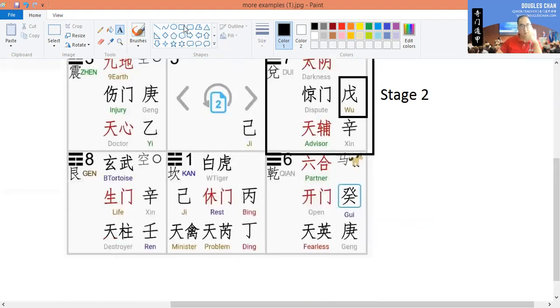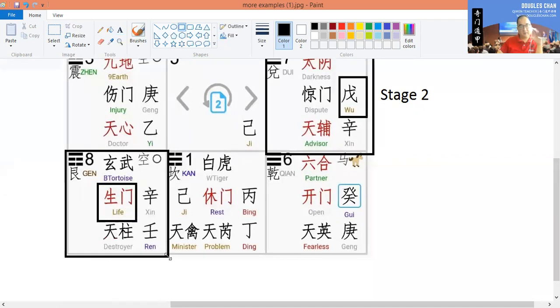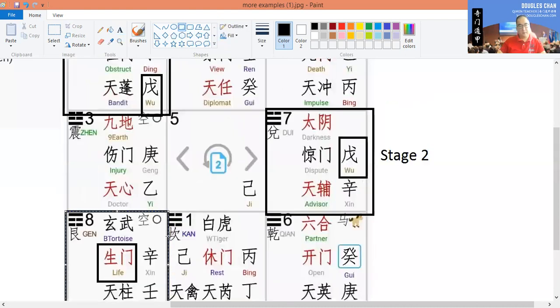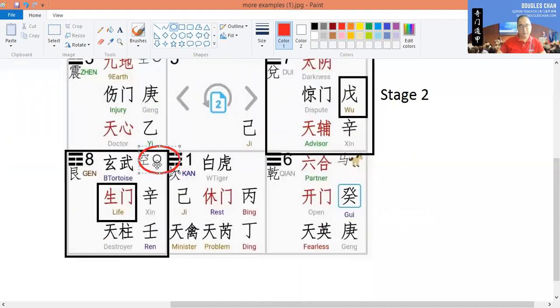So for business, we have to see this life. Box 8 is telling us about the business aspect. If you see there's a circle over here, which is called the emptiness. Emptiness is something to be considered, meaning that first, the energy of box 8 itself is going to be discounted.